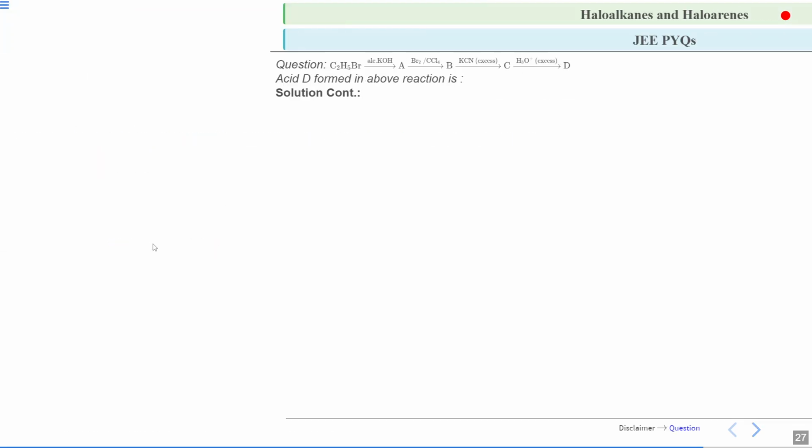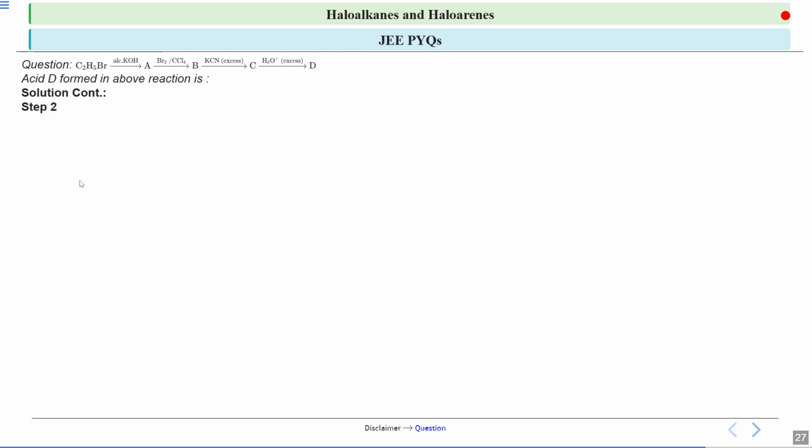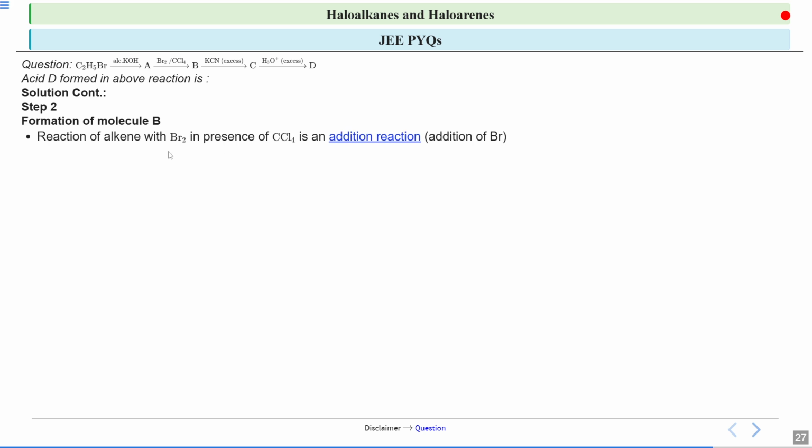Step 2 includes the formation of molecule B. A is an alkene, and when an alkene reacts with bromine in presence of CCl4, it follows an addition reaction. The bromine will add onto the alkene molecule, and the molecule B you are getting is a vicinal dihalide.